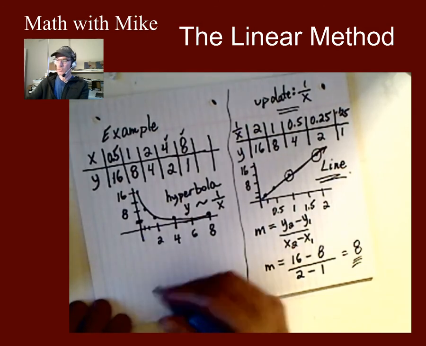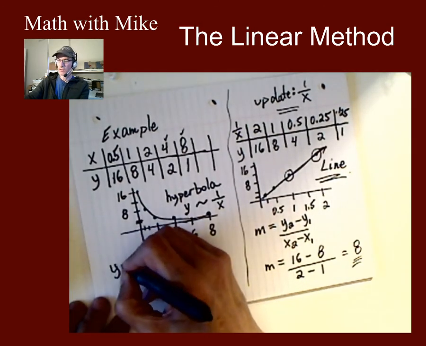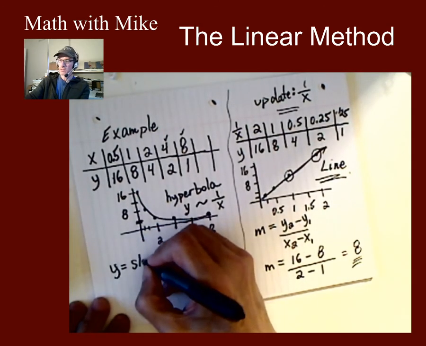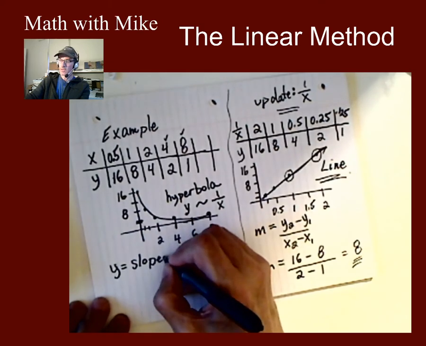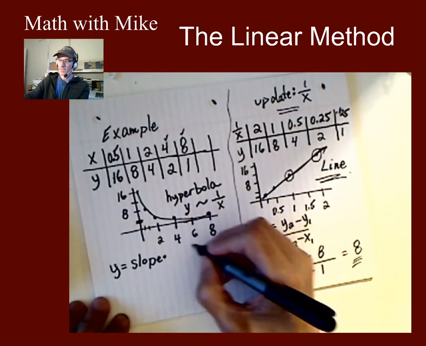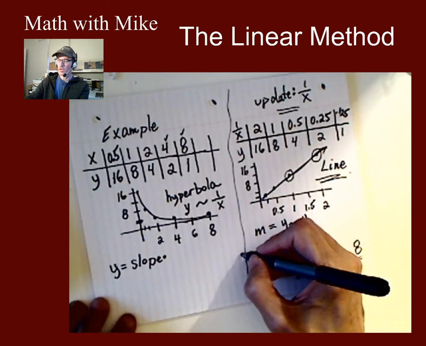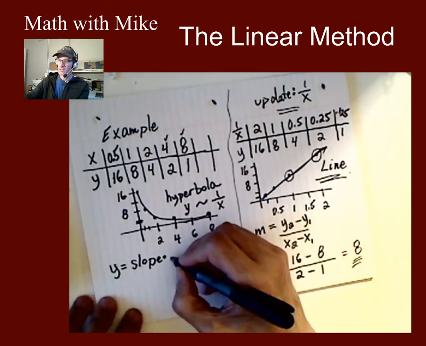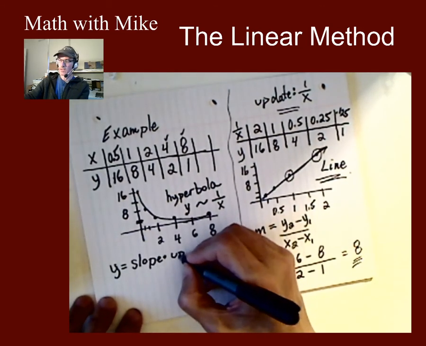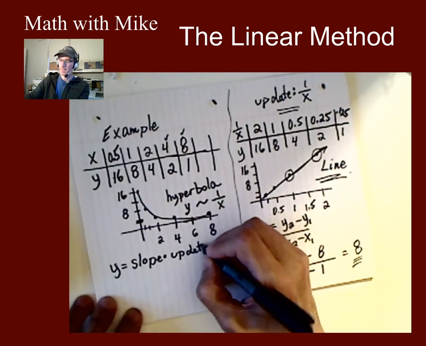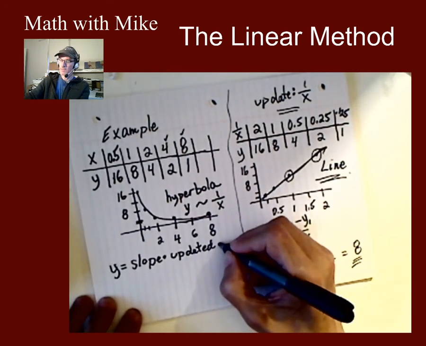Okay, so what do? Y is equal to slope times, I'm calling it the parent function. It's pretty long, so I can also call it updated x.